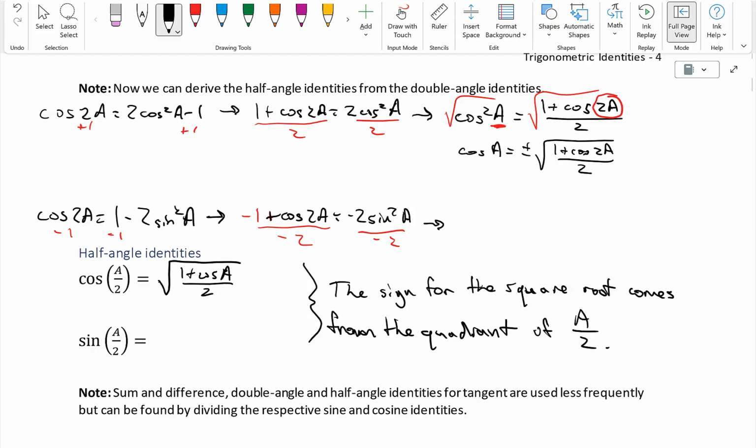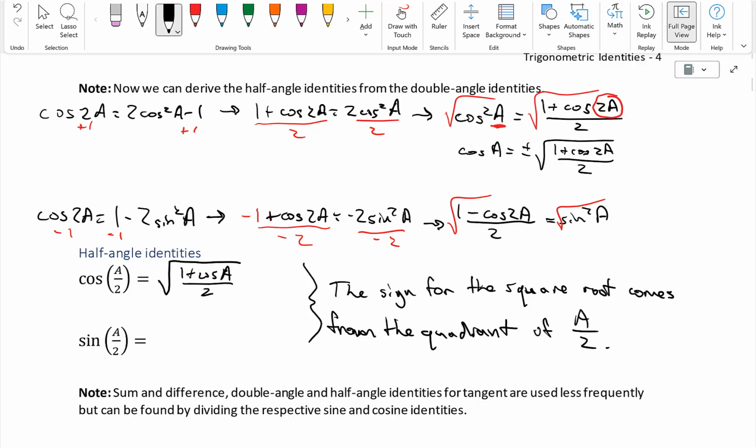So we can get it to what we'll be familiar seeing, a 1 minus cosine 2A over 2 equals sine squared A.